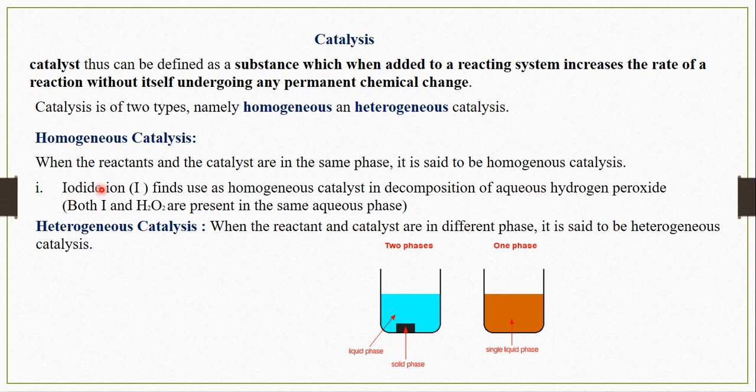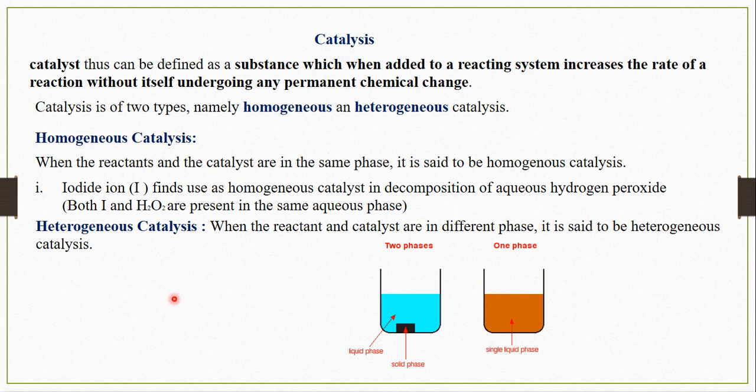For example, iodide ion is used as a homogeneous catalyst in the decomposition of aqueous hydrogen peroxide. The iodide ions and the H2O2 are present in the same aqueous phase, a single liquid phase, so it is called a homogeneous catalyst.